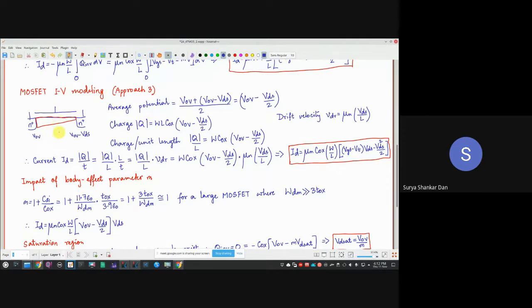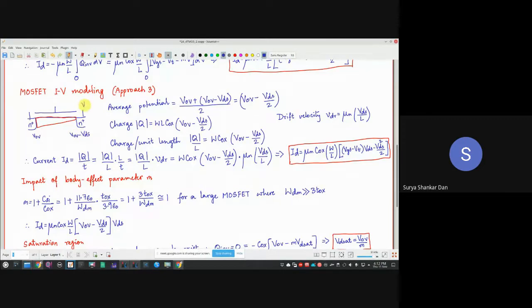It's a trapezoid. Then the influence of the gate bias, the overdrive, let us say the overdrive at the source and channel junction is VOV. As I said, the influence of VDS over here is 0. Vx is equal to 0. Okay, and on the drain side the overdrive will be VOV minus the VDS.